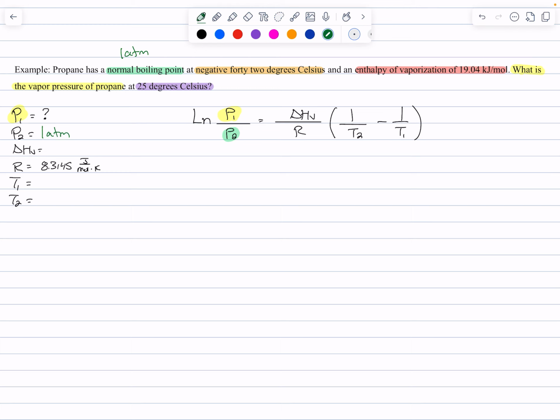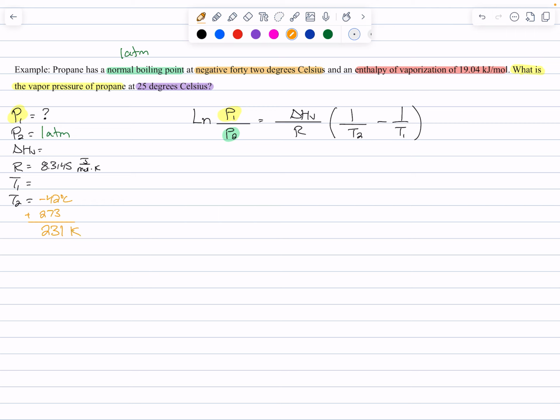Now P2 has to go with T2, and that's negative 42 degrees Celsius. However, I can't keep it in Celsius. I have to change that to Kelvin, so we add 273. If I add 273 to negative 42, I get 231 Kelvin.